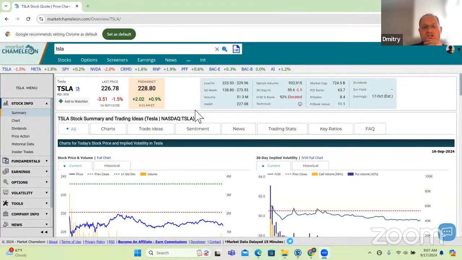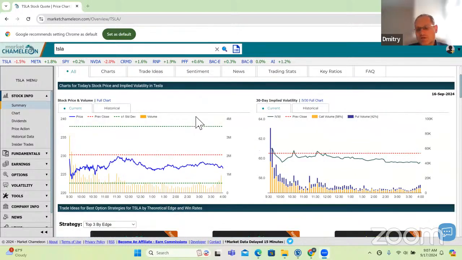I think yesterday's question had to do with looking at the options volume, tracking the options volume throughout the day or historically. So I'm just going to come back to this options chain.